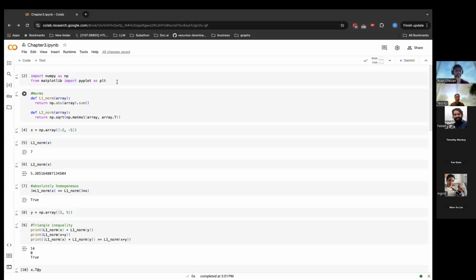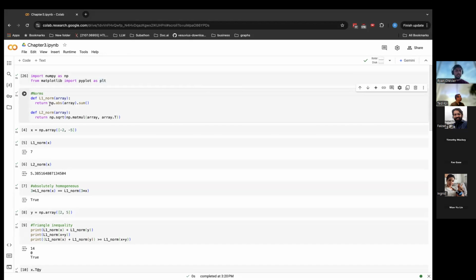Then I'll flip over to this code for a second. In this little Colab notebook, I've got some functions to show some of the stuff I'm talking about. I've got NumPy and Matplotlib, so I can plot and also define the norms. Here's my definition of the L1 norm.